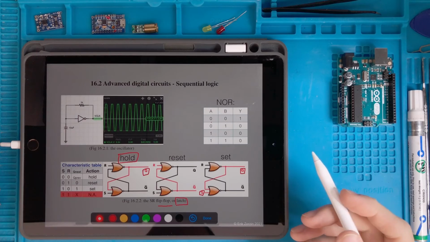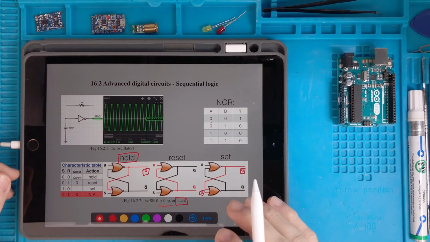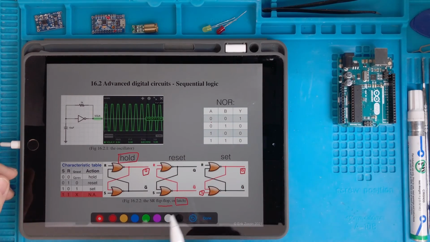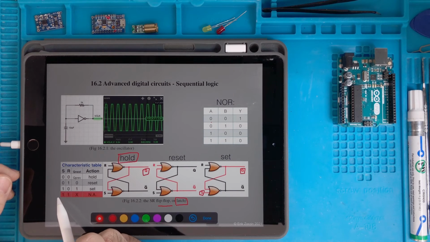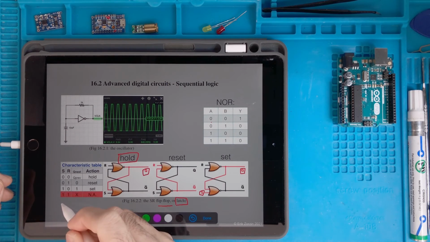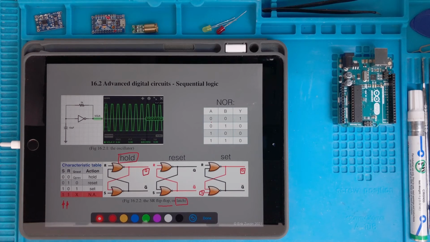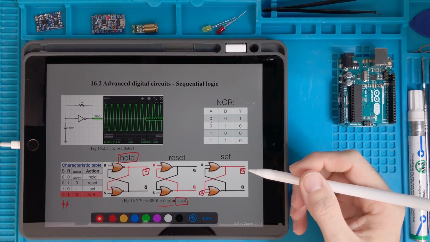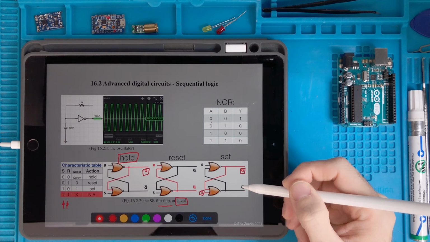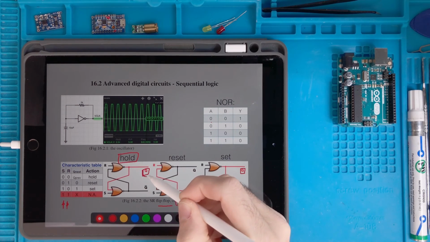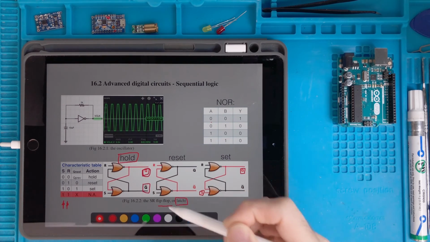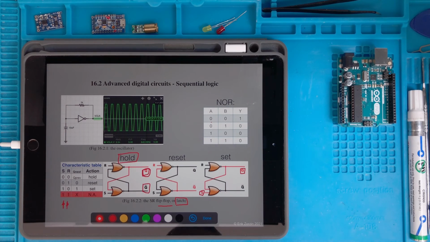There is one case which is called, in this context, the forbidden case. If you activate both inputs at 1, this situation creates something that we don't want. It creates an output for which this output Q and this complementary output Q negate are no longer complementary.